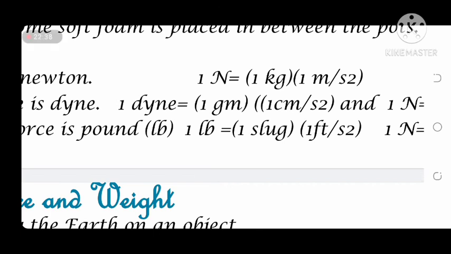Again, 1 dyne can be defined as the force that can produce an acceleration of 1 centimeter per second squared on a body of mass 1 gram. The force is said to be 1 dyne.